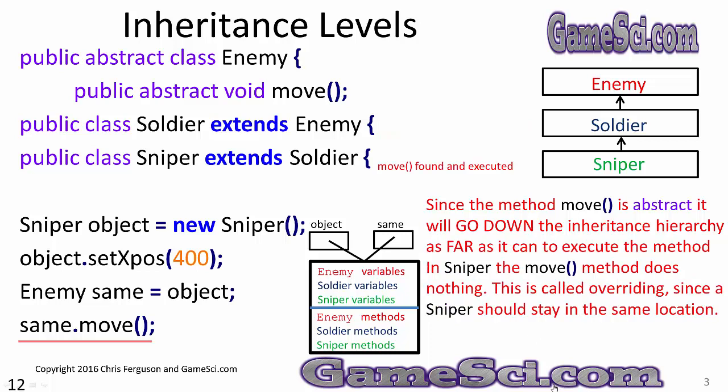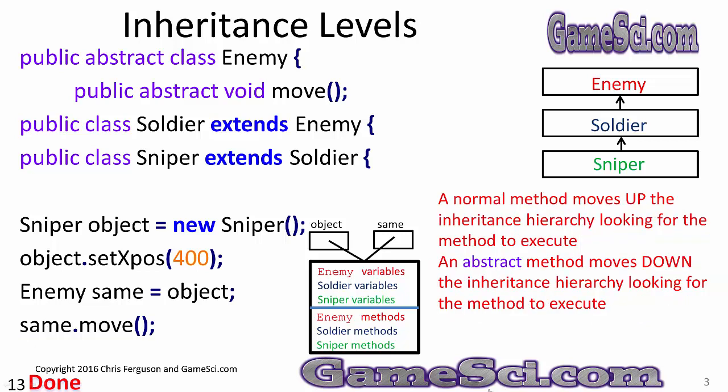We're still executing same.move, going down the line looking for the move method. In Sniper, the move method does nothing. This is called overriding, since a sniper should stay in the same location.